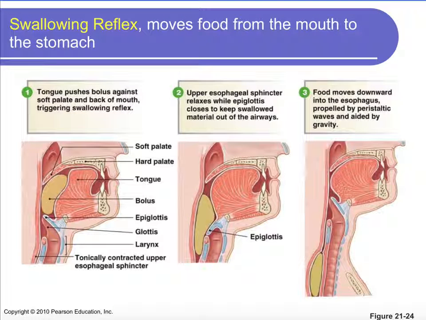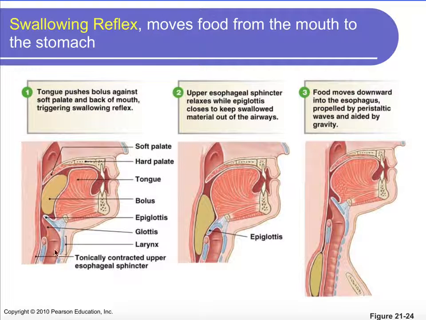So let's talk about swallowing. Swallowing occurs as a reflex, and it occurs when food gets moved down to the back of our mouth, and it triggers that swallowing reflex so that we can swallow down the esophagus. So the first thing I'd like you to notice is our esophagus over here, and then the trachea over here.